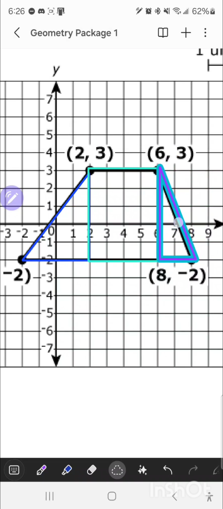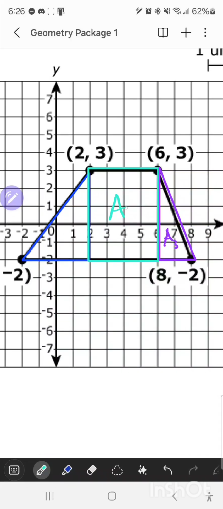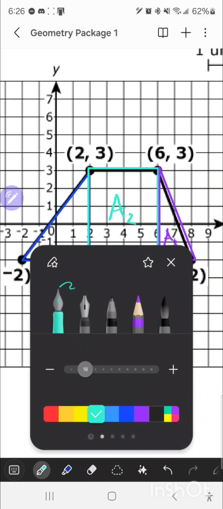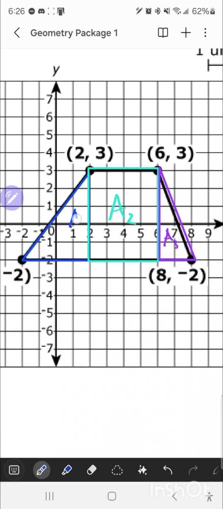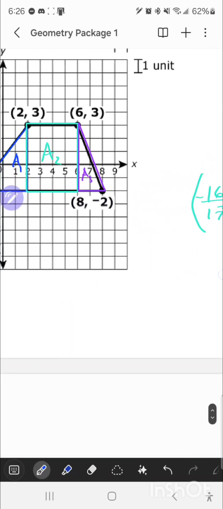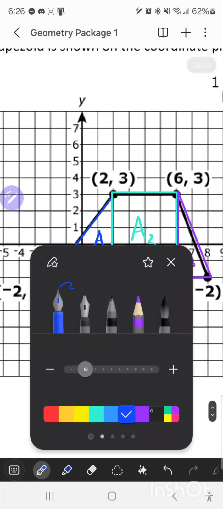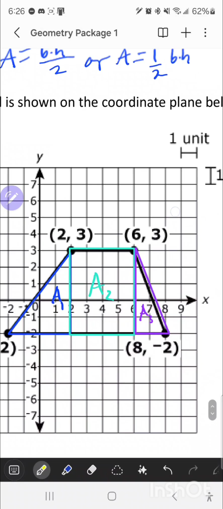If I add their areas, area 3, area 2, area 1, then I get the total area, which is what we're looking for. That's what we need to do.